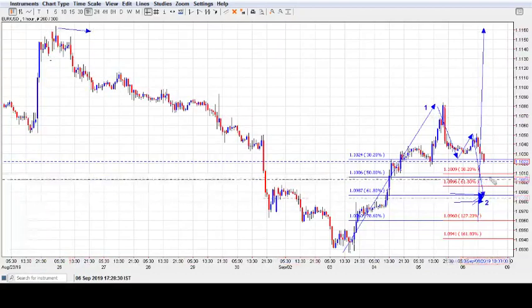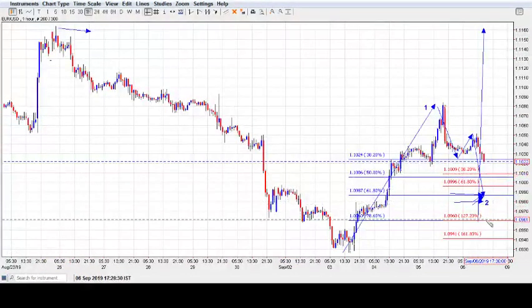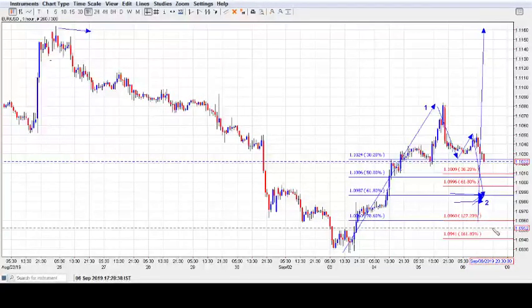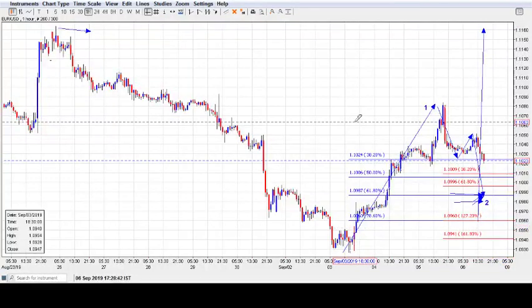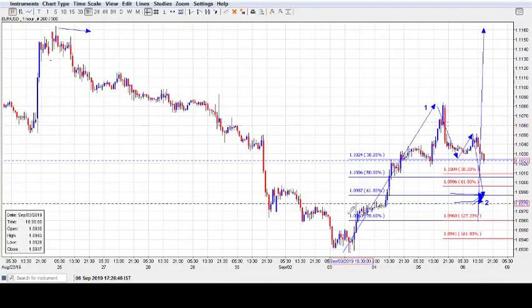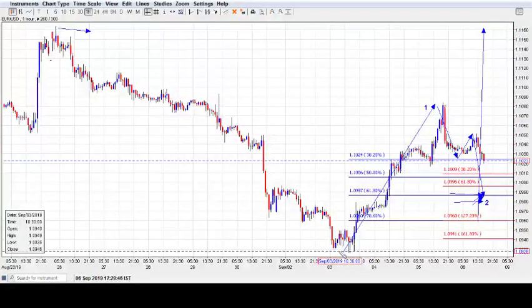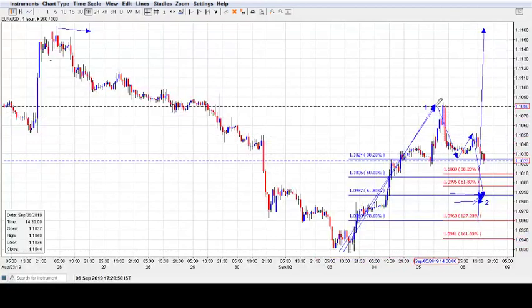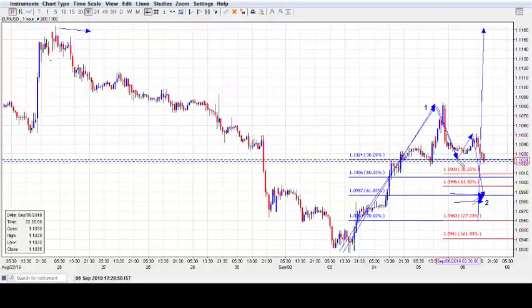A failure to bounce back above 1.0960 and a continuous dip below that would mean that the overall bearish trend still remains, and we would relook the matter. Right now, the first alternate looks like wave 1 in picture, already in place.